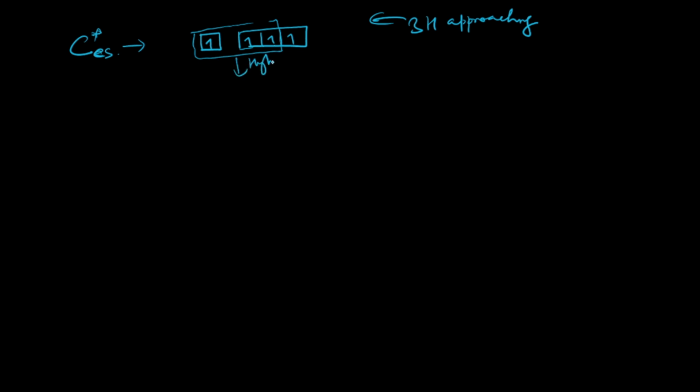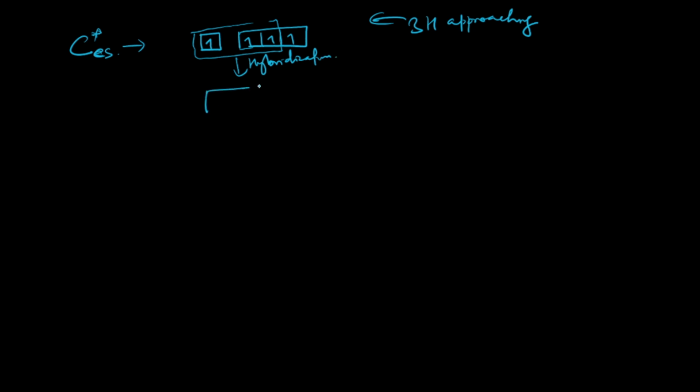So here I'm writing the excited state directly. Okay, one, and one. It's already excited. Now we know that three hydrogens are approaching. If three hydrogens are approaching, what will happen? Only these three orbitals will take part: 1s and 2p.